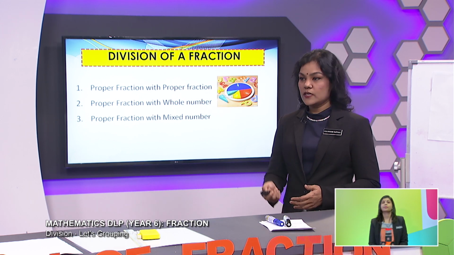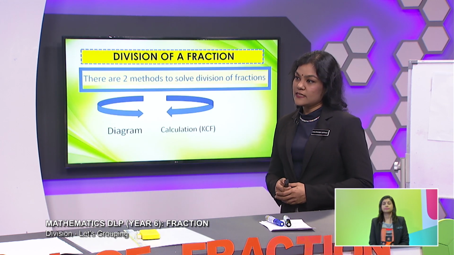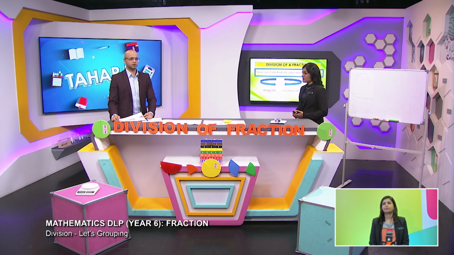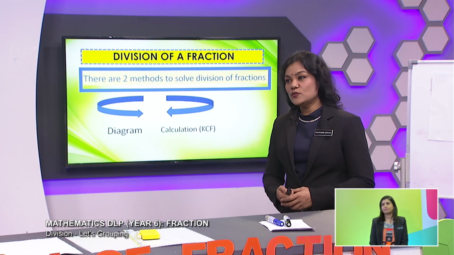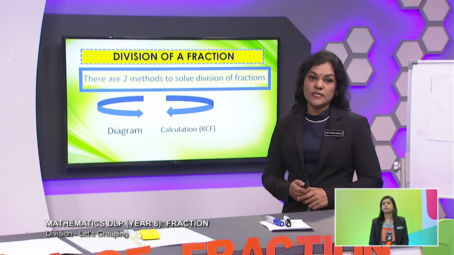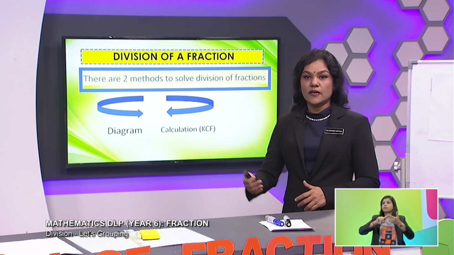Okay, kids, now we go one by one. But how are we going to divide? Any idea, any strategy that you have? I'm not so sure. Maybe you could help us out with that. That's why I'm here today. Kids, there are 2 methods to solve division of fractions. One is using the diagram. The other is calculation using the standard written method.